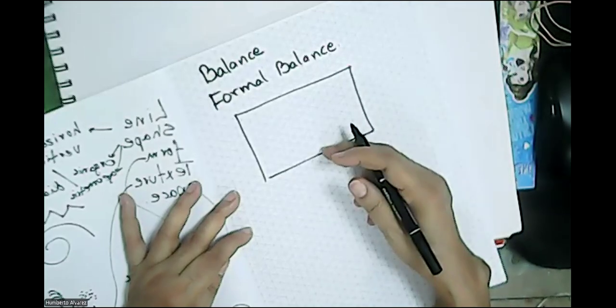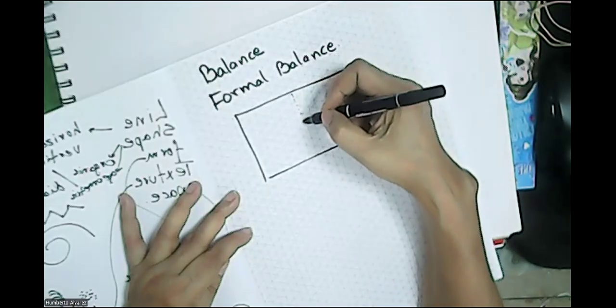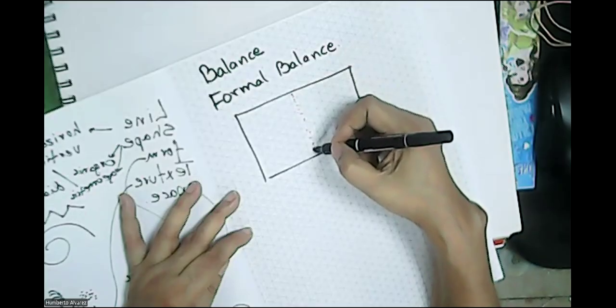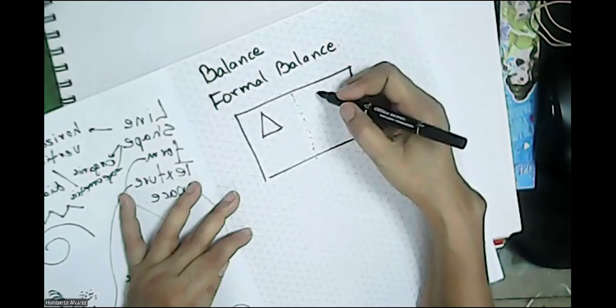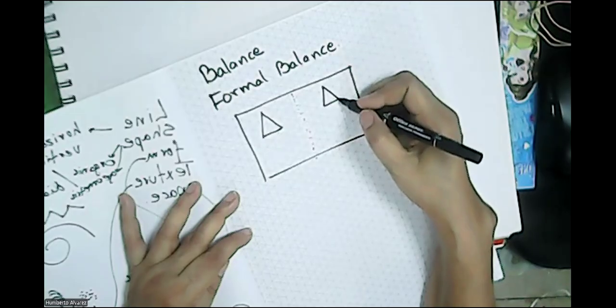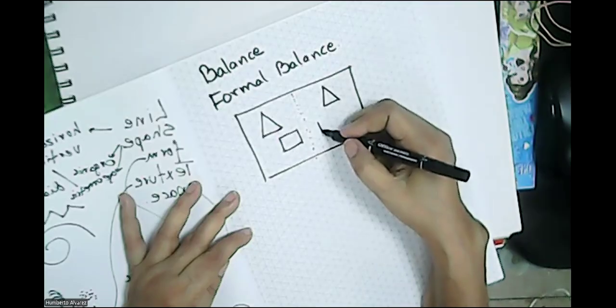a support like this, and if you have an imaginary line in the center, you will find almost the same element in one side and in the other, like this and like this.